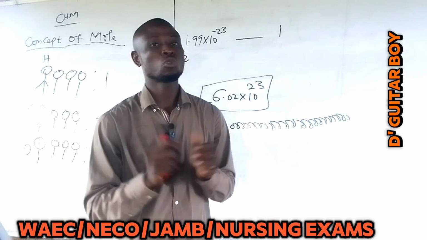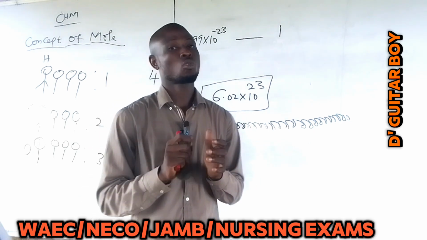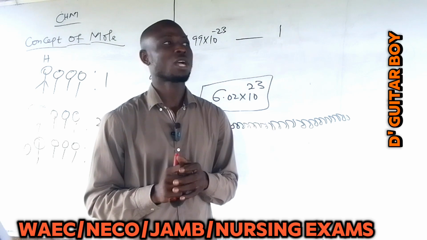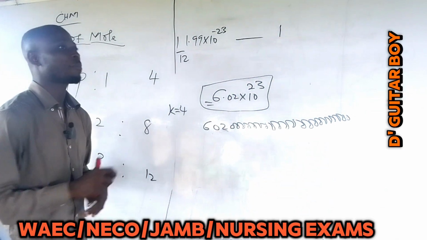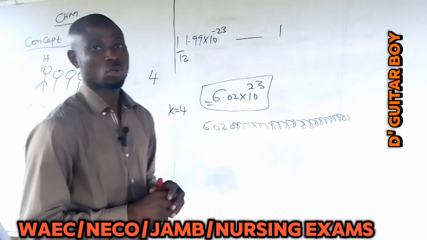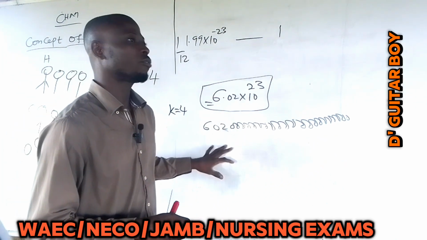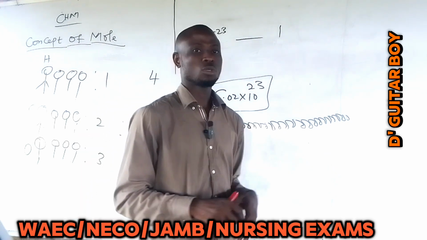A mole is a substance which consists of as many elementary particles as contained in 12 grams of carbon-12 isotope. So in 12 grams of carbon-12 isotope, it contains this number of particles. In 24 grams of magnesium, it contains that amount.